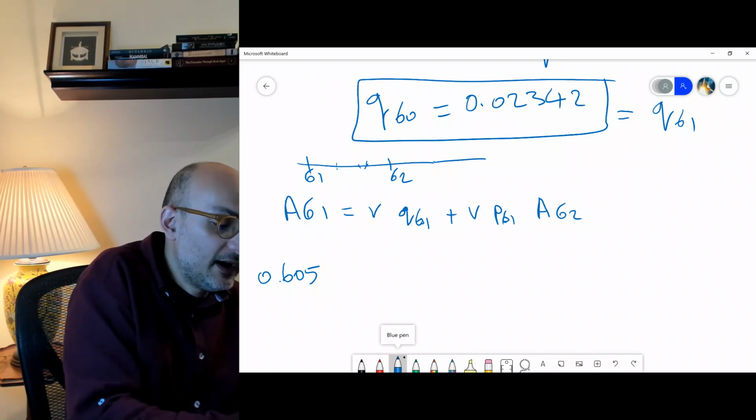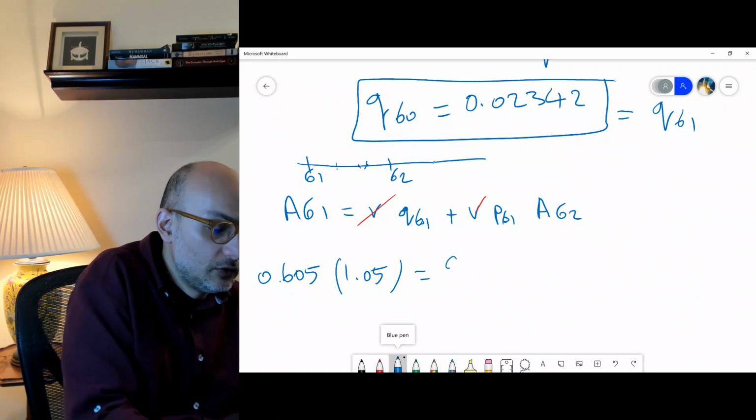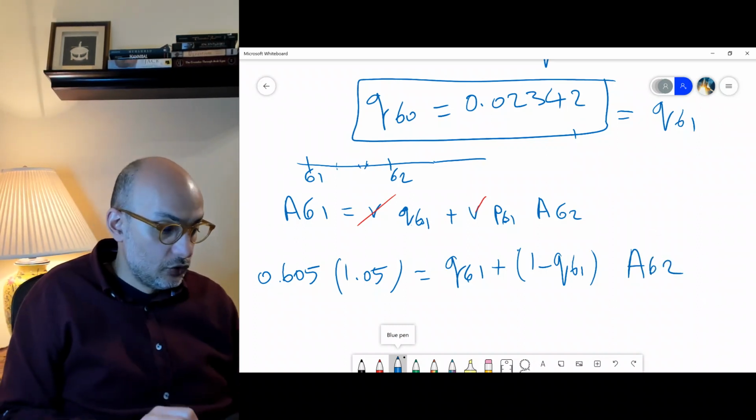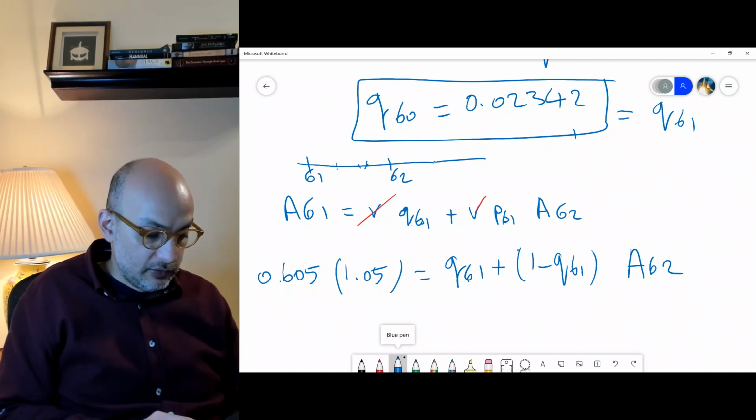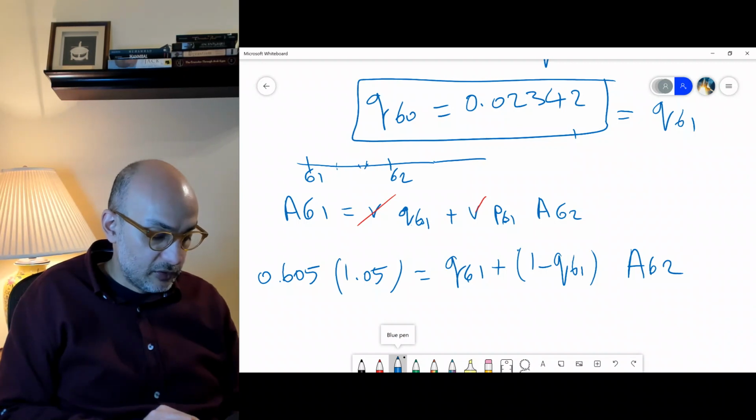Well, the same thing I did is multiply by 1.05, the reciprocal of v, so I can get rid of this. q61, we have it here, plus 1 minus q61, which we have here, a62. You can do it all at once now. We have 0.605 multiplied by the reciprocal of v, which is 1 plus interest, right?